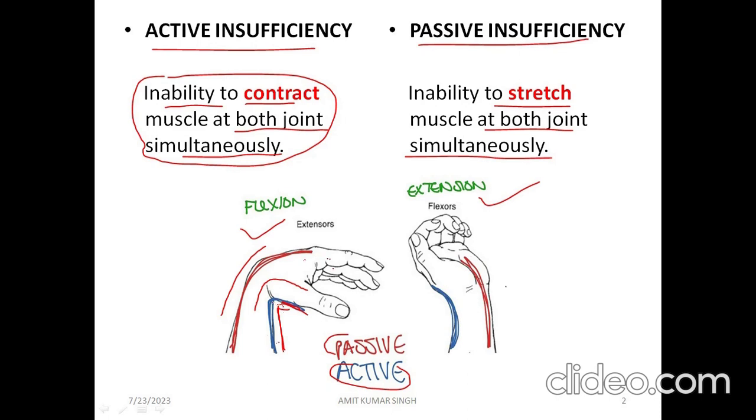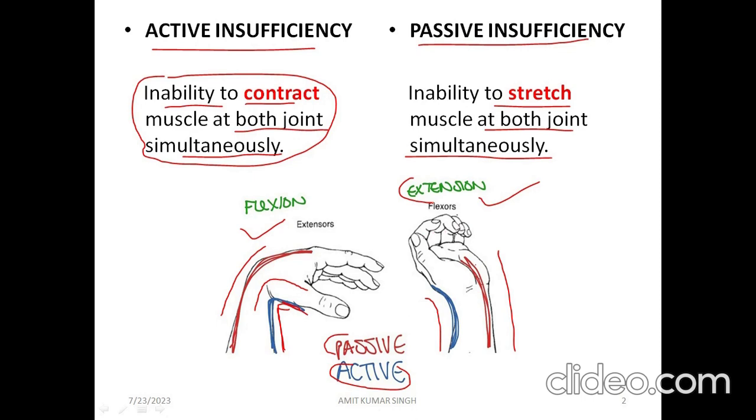And what is passive insufficiency? As I told you, the red line represents passive insufficiency and blue represents active insufficiency. Now, same example, but the movement is extension. When the subject does the extension movement around the wrist joint, the subject has utilized the extensor muscles, but you can see the fingers are not in extension, they are in slight flexion, the PIP and DIP joints.